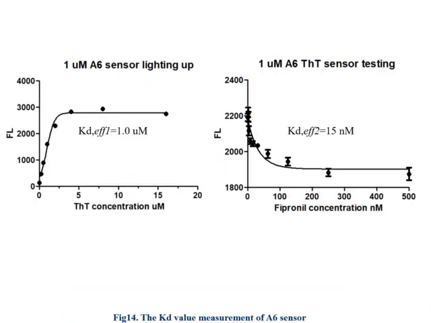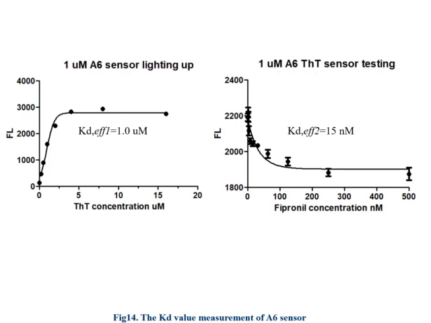To make the main point of the TG method easier to get, I give an example. It is my own result, my real result. You can see on the left figure, as the TG concentration increases, the fluorescence signal also increases and then becomes stable.